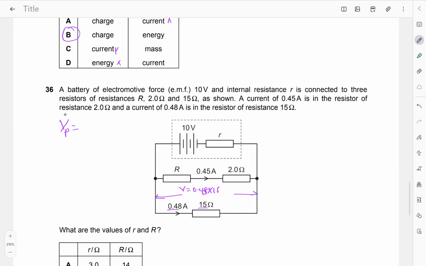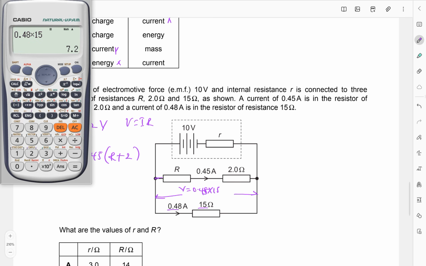So the PD here is 7.2 volts. If I know the PD here, it is the same PD across capital R plus 2 ohms. So 7.2 is the same as, using Ohm's law, V is equal to IR. The current in this branch is 0.45 and the resistance there is R plus 2 ohms.